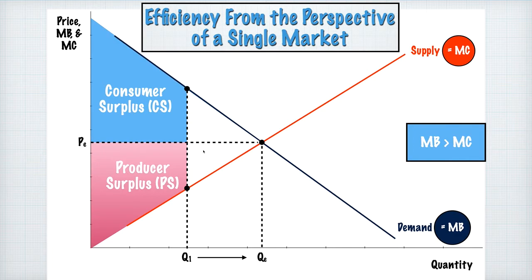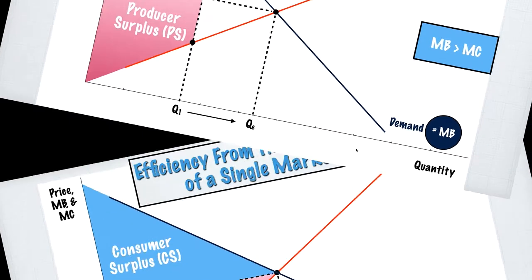If we were at the equilibrium quantity and price, this would be consumer surplus and this would be producer surplus, and total surplus would be higher at the equilibrium than at the Q1 condition we imposed upon this market. So we have a lower total surplus at Q1 than at QE, the difference being these two unshaded areas right here.